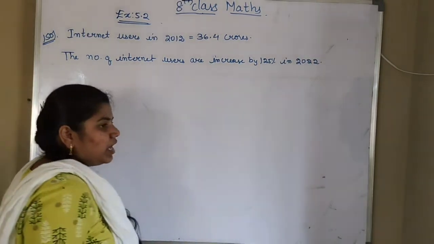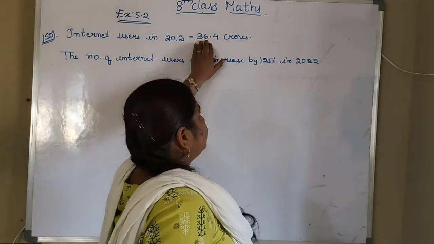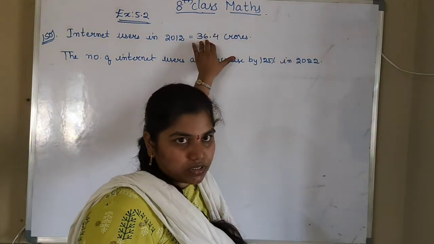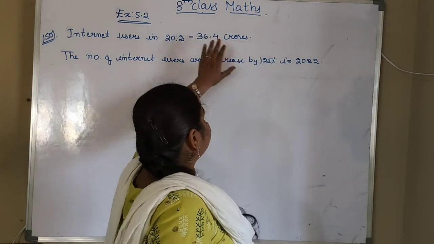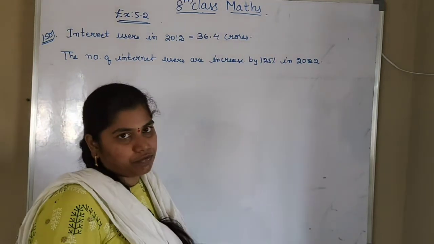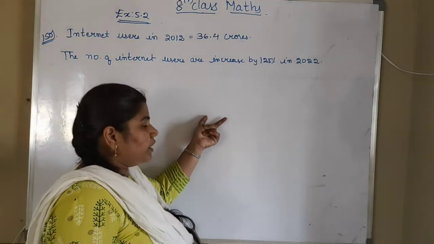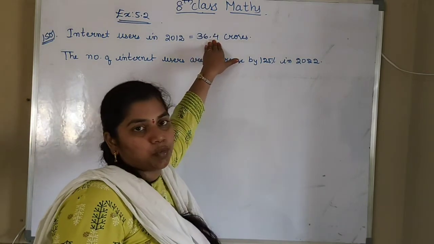That means what do we have to find? What is 125% of 36.4? We have to find that first. That means what is 125% of this 36.4 crores? After getting that value we have to add it to this 36.4.